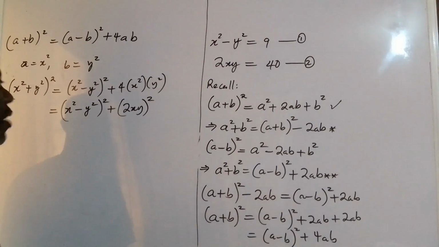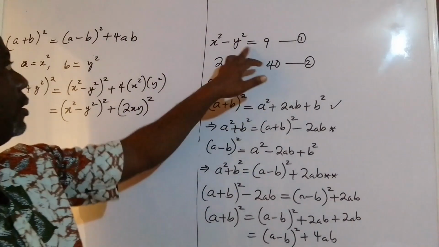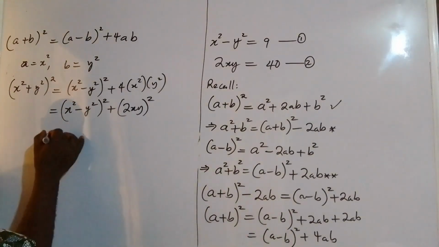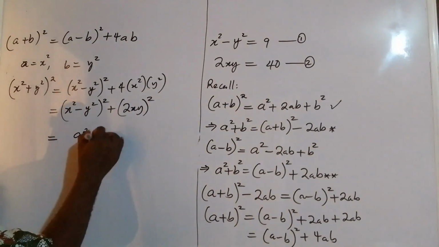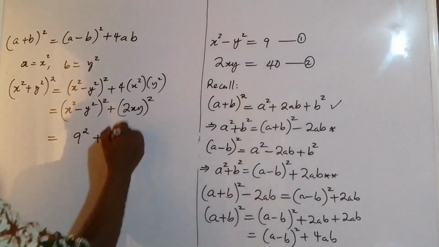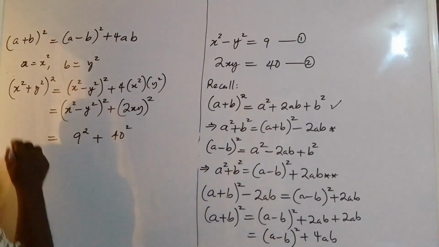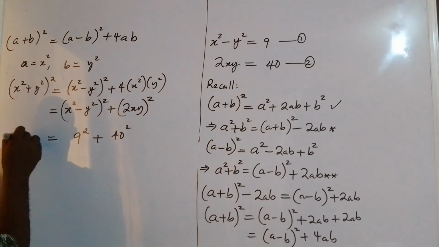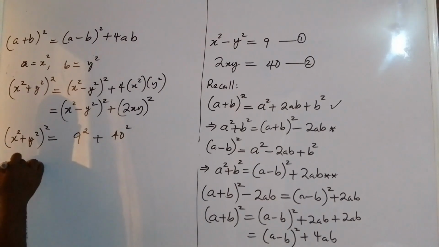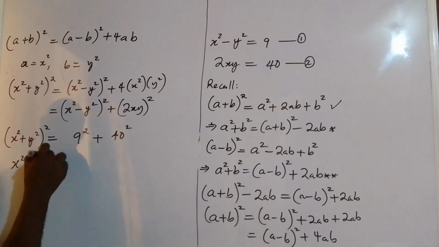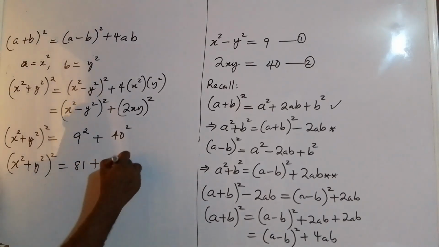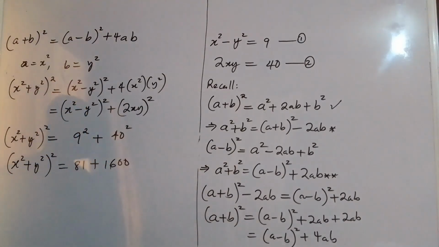Now you can see from equation 1, x squared minus y squared equals 9, so we have 9 squared plus, from equation 2, 2xy equals 40, so you have 40 squared. So it means that (x squared plus y squared) all squared will be equal to 81 plus 1,600.